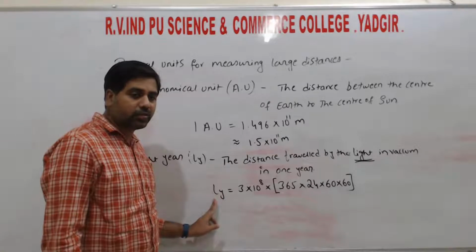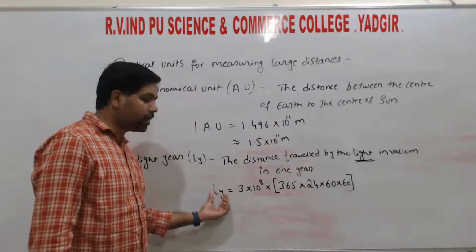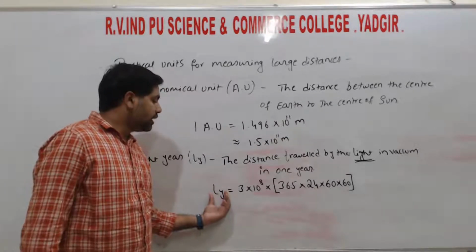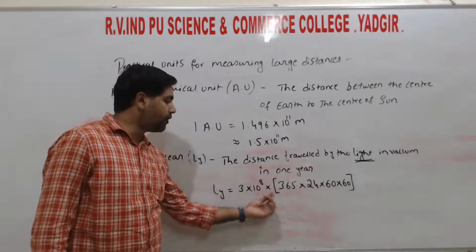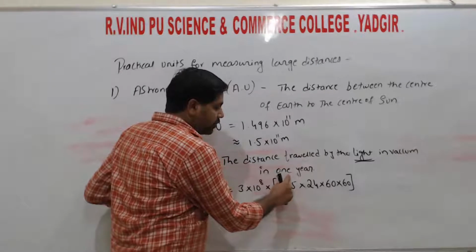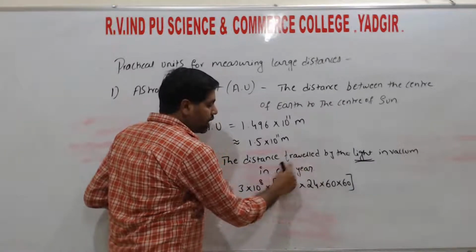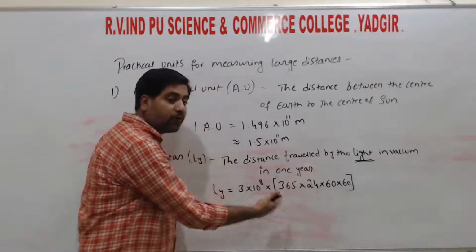Light year is nothing but the distance traveled by light with the speed of light in 1 year. So we need to convert this 1 year, because in the SI system we don't have the unit in terms of years, we have the unit in terms of seconds.